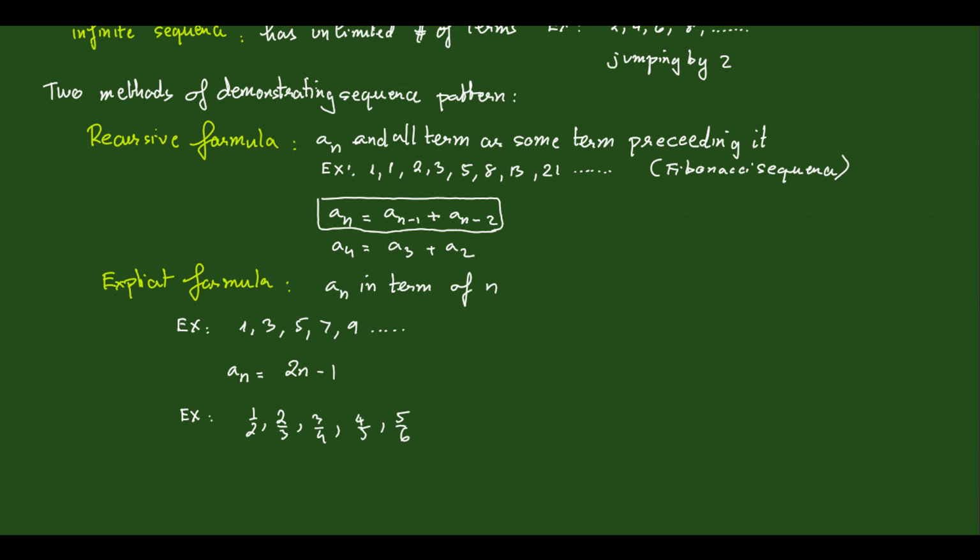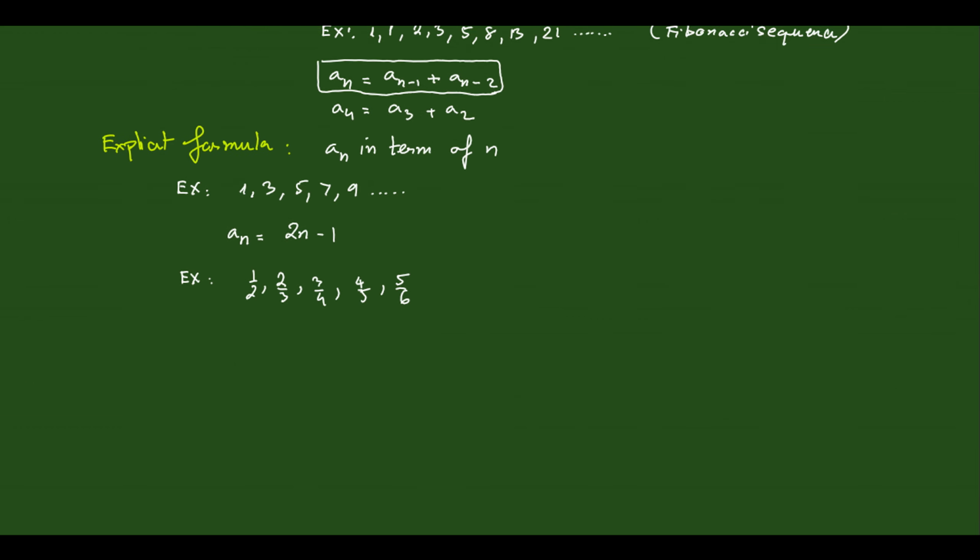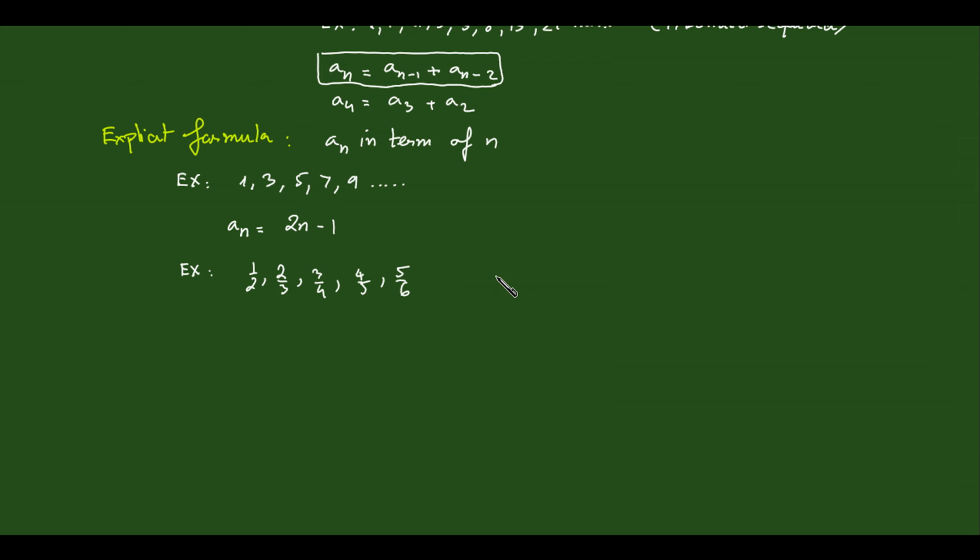So this is a finite sequence, and I can get the explicit formula with a sub n equals n over n plus 1.